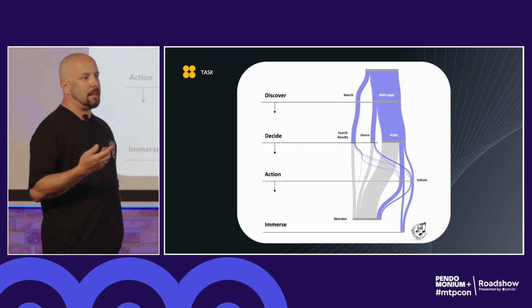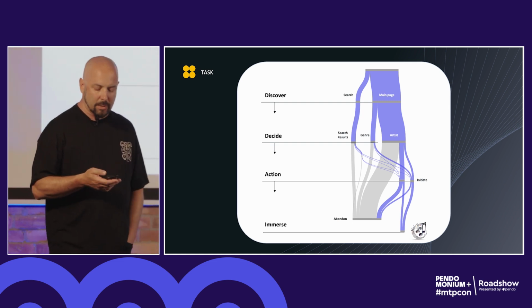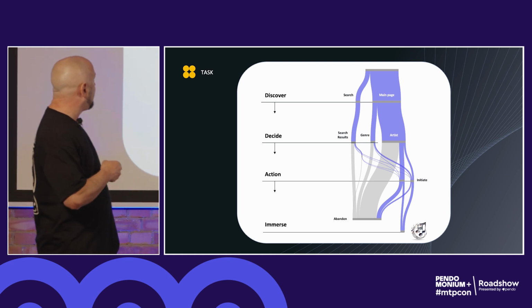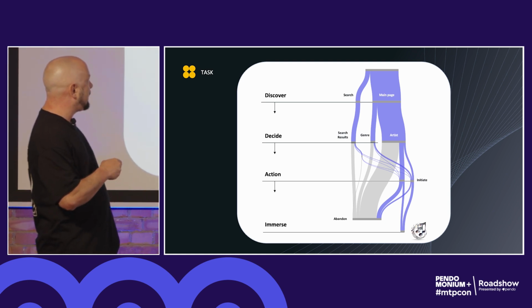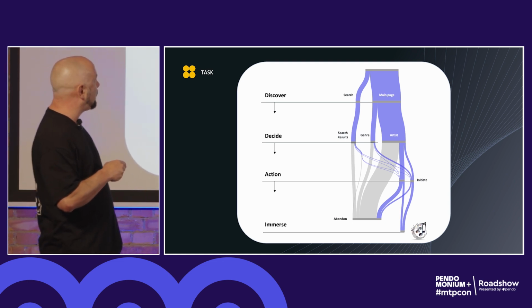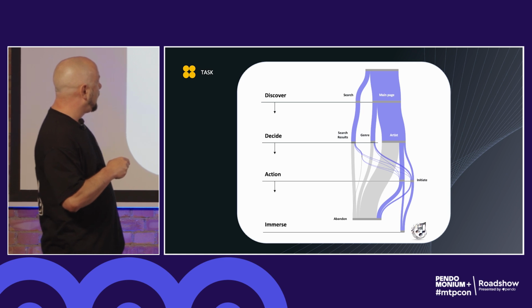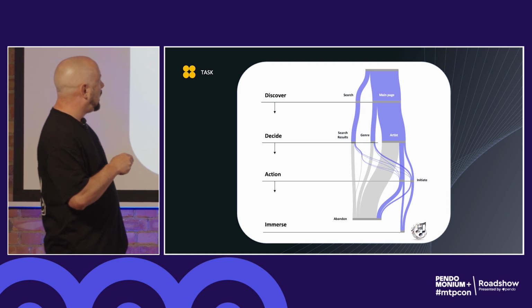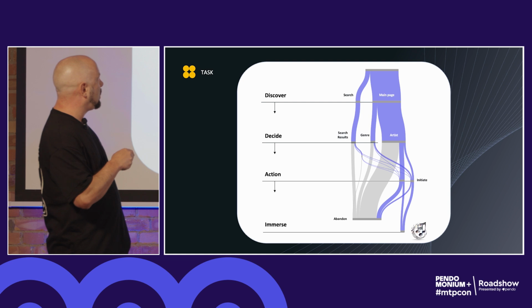These are the CUJ flows that we use, where there is a discovery phase in that made-up music streaming app. People enter and they want to listen to something. Either they search or they're on the main page. So you see here that a lot more people take an action on the main page and do not search for a specific song.